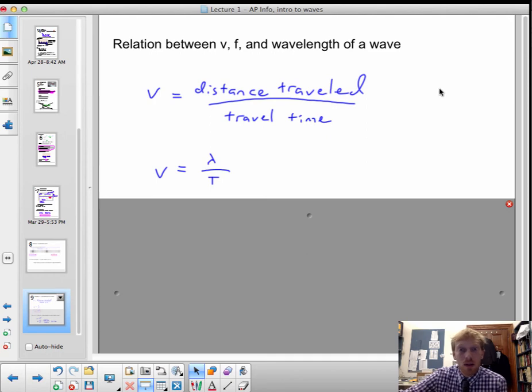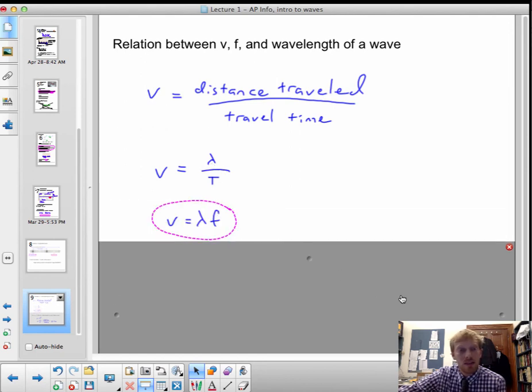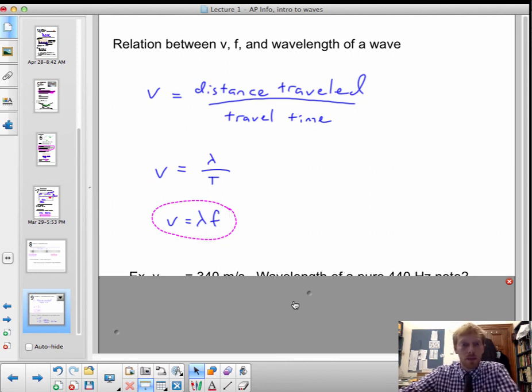Well, one complete wavelength of the wave goes by you during each period. So the velocity of the wave, the distance traveled, is lambda, the wavelength in meters, divided by T, the period in seconds. V equals lambda f, where f is the frequency there. Because you see, the frequency is the inverse of the period.